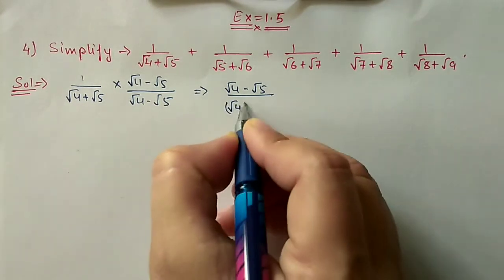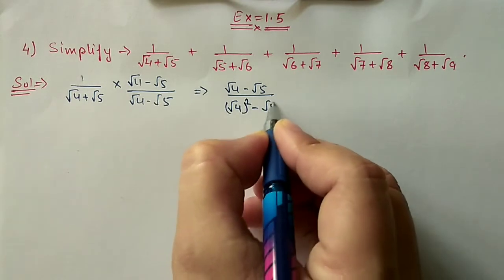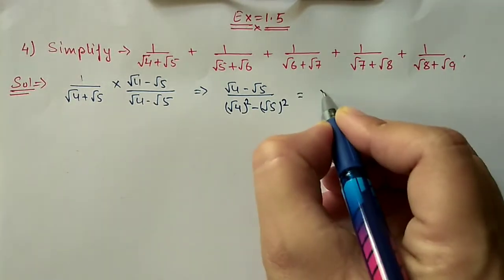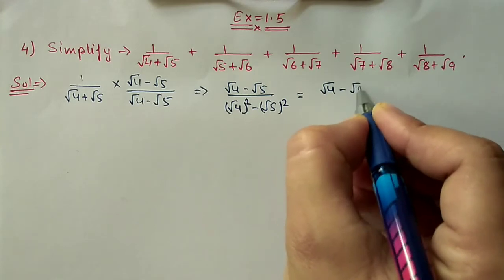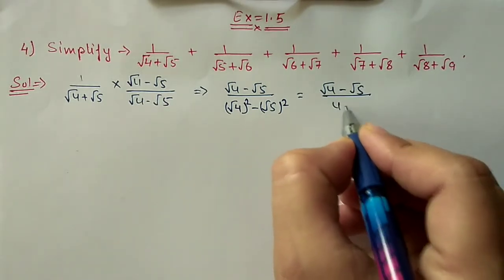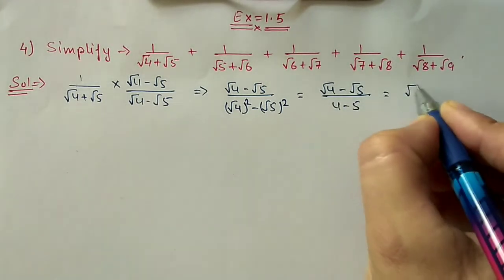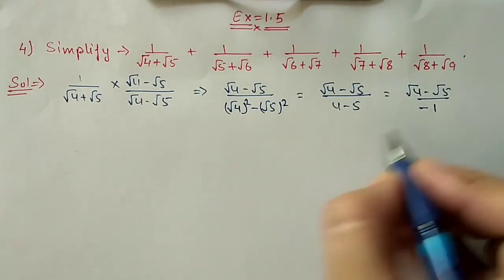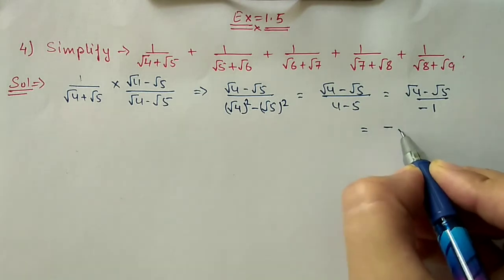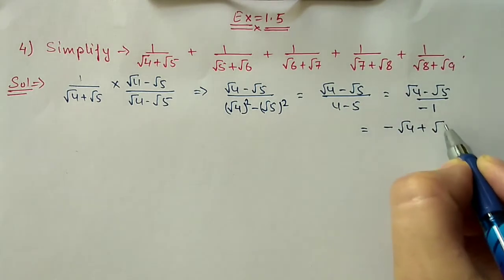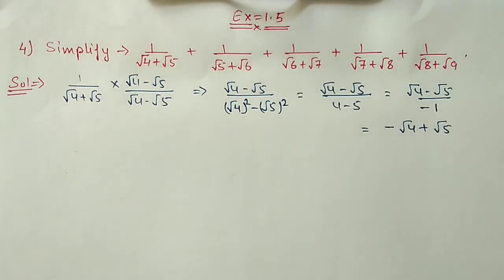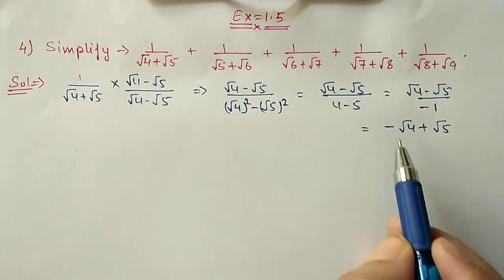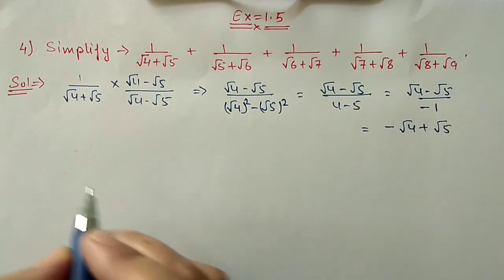So root 4 square minus root 5 square, that is root 4 minus root 5 by 4 minus 5, which is equal to minus 1. We can shift the minus symbol up and then it will become minus root 4 plus root 5.